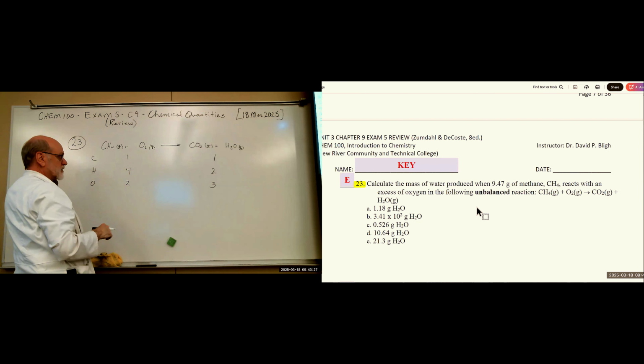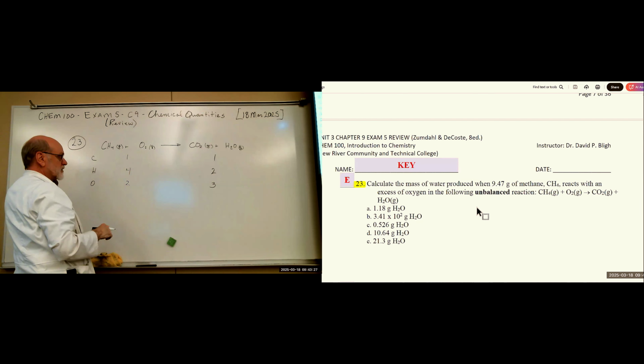So now with our balanced equation, let's see what else the problem gives us. 9.47 grams of methane. And I believe they told us excess oxygen. So we're burning methane in air. There's plenty of oxygen there. The mass of water produced.